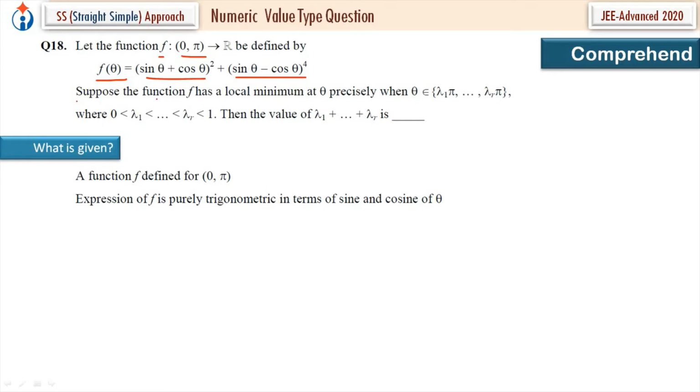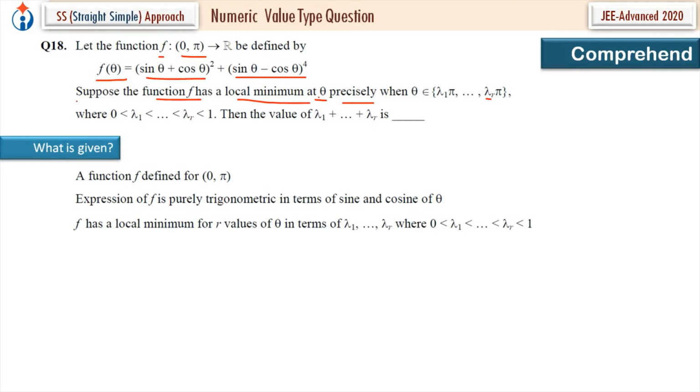Now, suppose the function f has a local minimum at theta precisely when theta belongs to the set {lambda 1 pi, lambda 2 pi, lambda 3 pi, ..., lambda r pi}, where the order is given: 0 < lambda 1 < lambda 2 < ... < lambda r < 1.